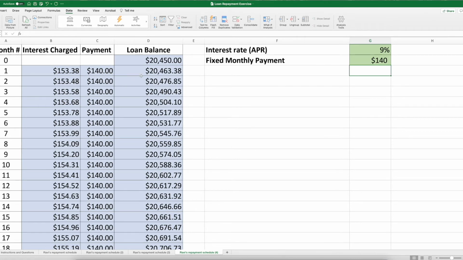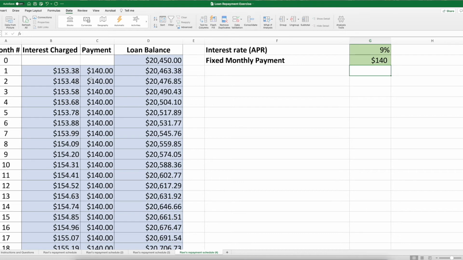Now, why is this happening? You have to remember that the loan balance is being affected by two opposing forces. The first force is the interest charge that tends to increase loan balance every month. And the second force is the payment that you make, which tends to decrease the loan balance every month.